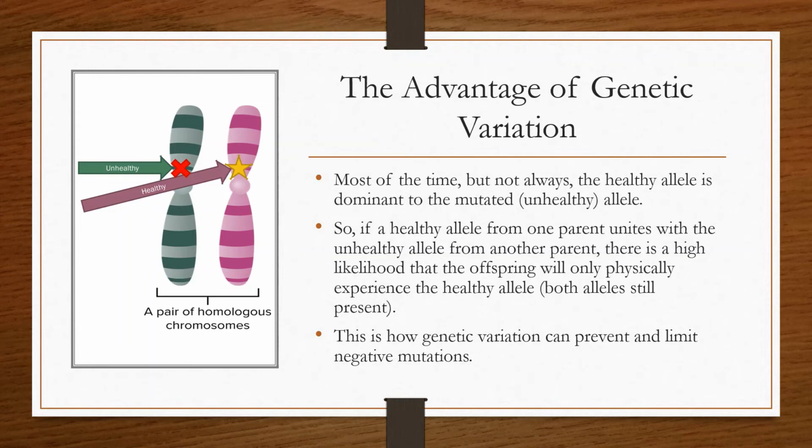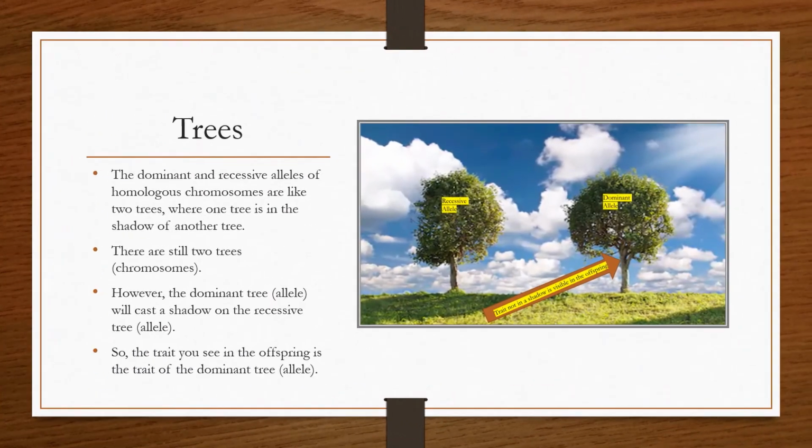Some of them can be positive, but mostly are negative. This is because if you had negative mutations, but then mate with someone with good healthy alleles, that can prevent and limit those negative mutations from lasting in the next generation or the generation after that.